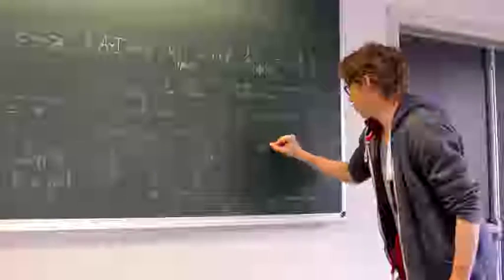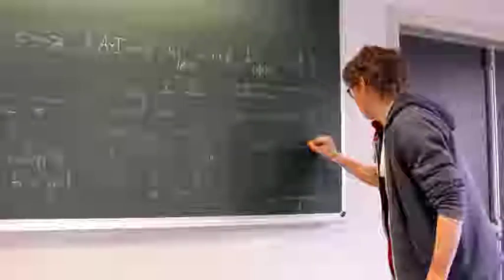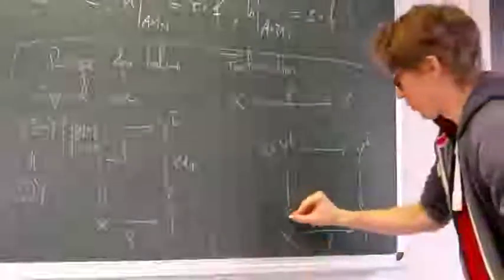We get X cross Y to the I. One can show that pullbacks of fibrations are fibrations again. If you pull the fibration back, then this lifting will exist as well.